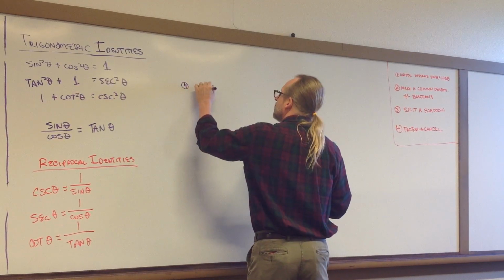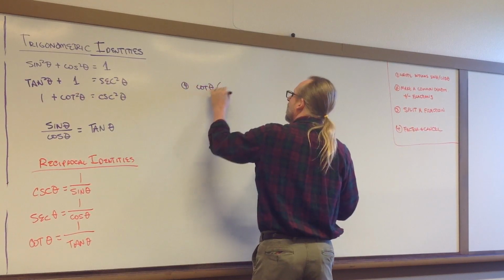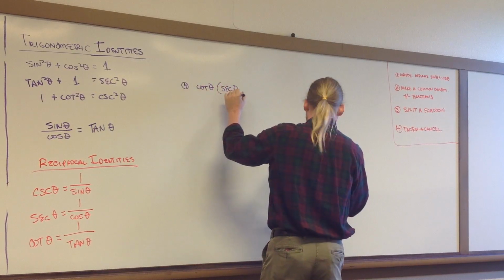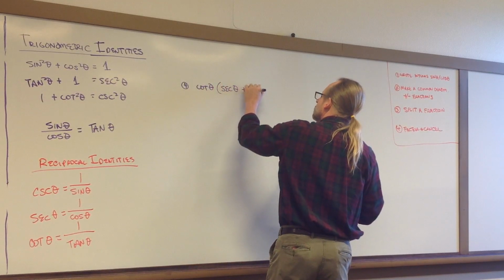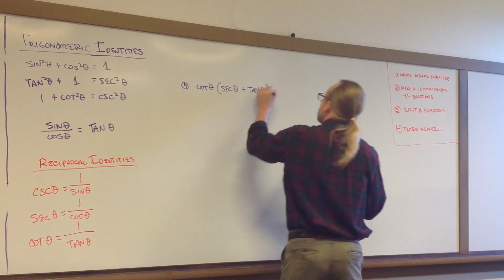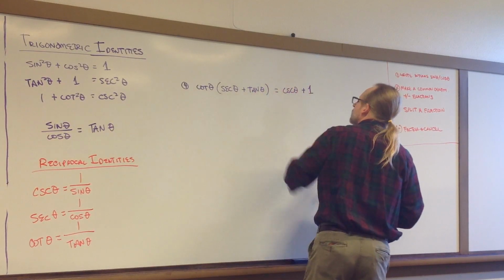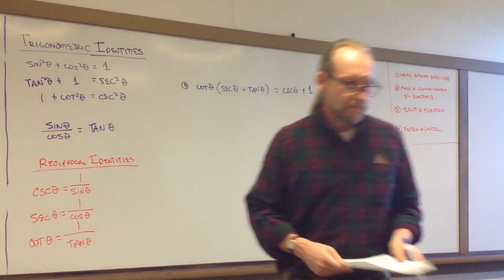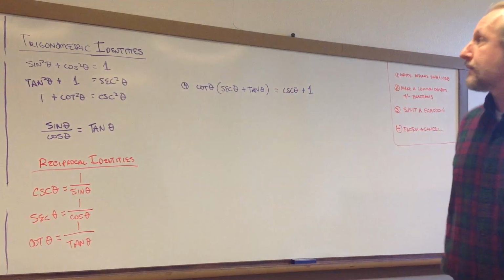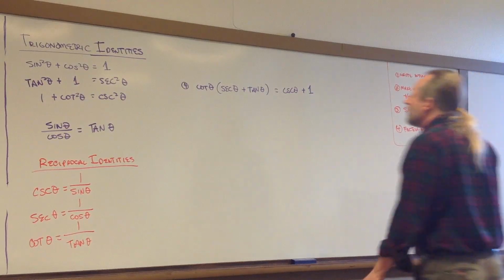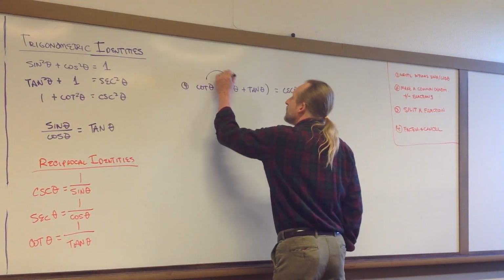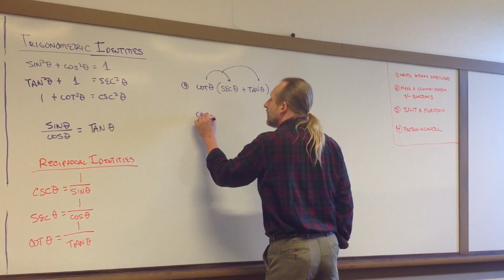We've got cotangent theta times secant theta plus tangent theta equals cosecant theta plus 1. Okay. Well, let's do the same thing we did in problem 2, where I'm going to distribute the cotangent into the parentheses.